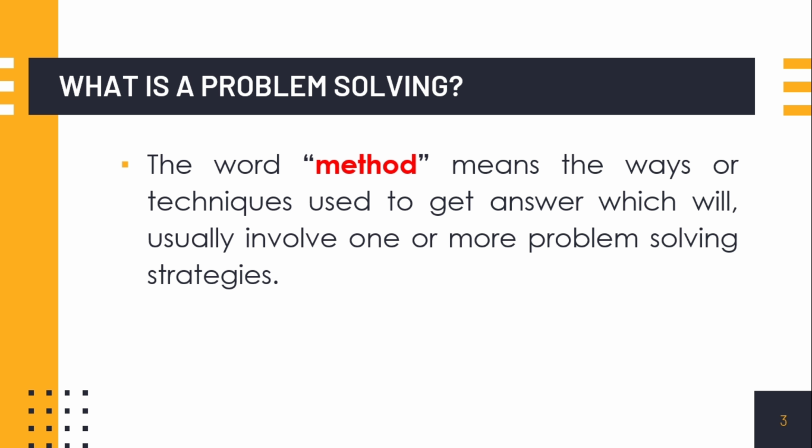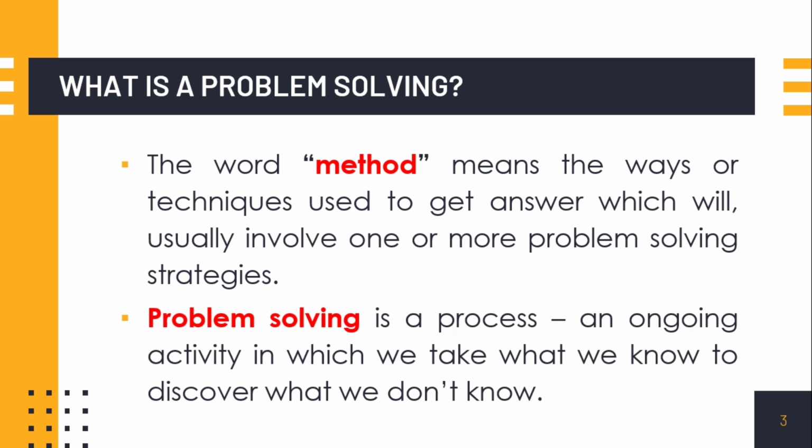On the other hand, the word answer means a number, quantity, or some other entity that the problem is asking for. Finally, the word solution is the whole process of solving a problem, including the method of obtaining an answer and the answer itself. So we can summarize the discussion with this equation: method plus answer is equal to solution.